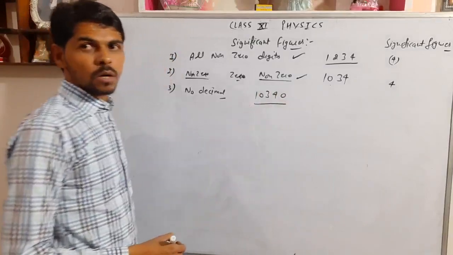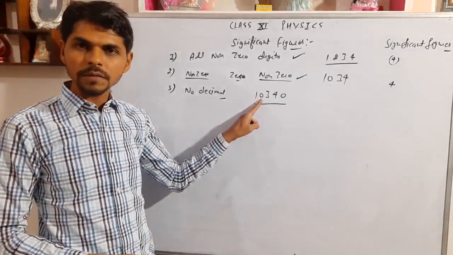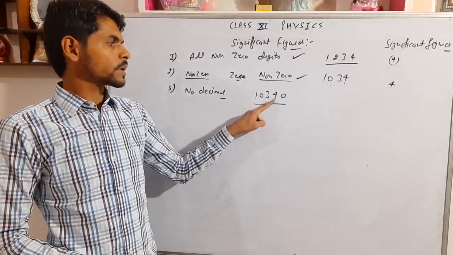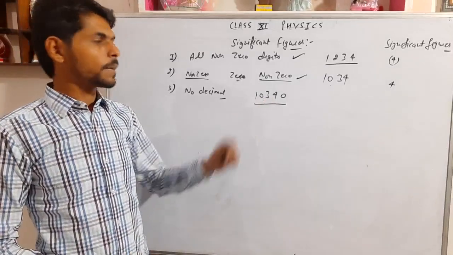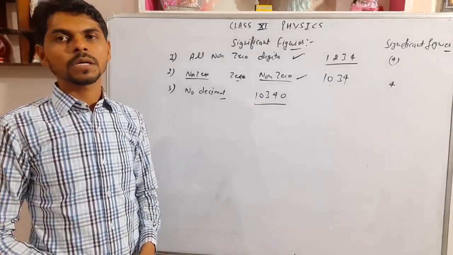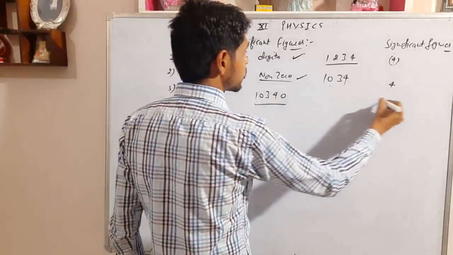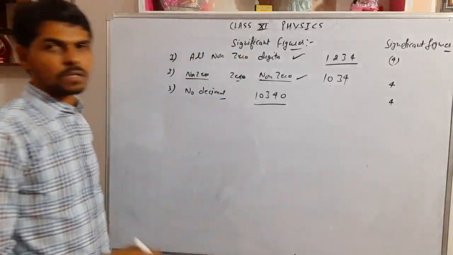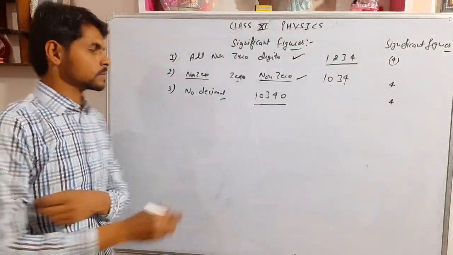So this number has no decimal. Here 1 is significant, 0 is significant according to rule 2, 3 is significant, 4 is also significant due to rule 1, but the last 0 will not be significant as this number is not having a decimal. So there are 4 significant figures.